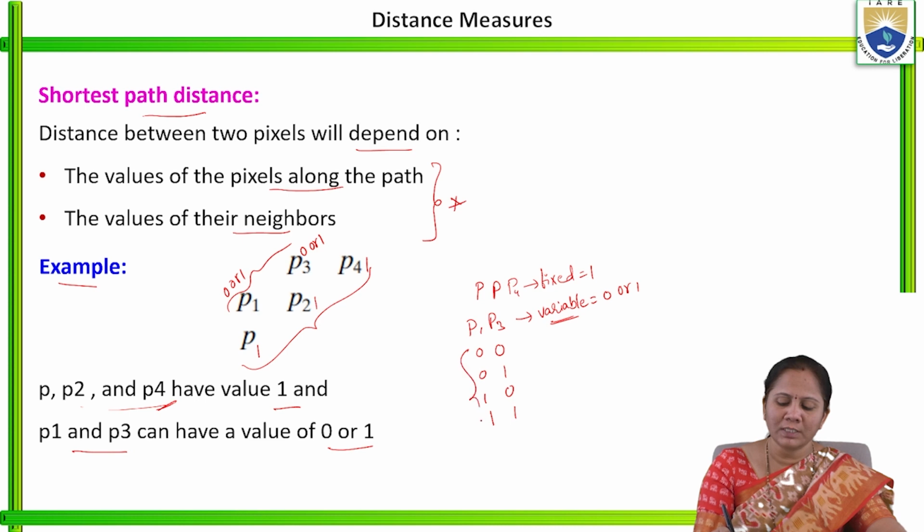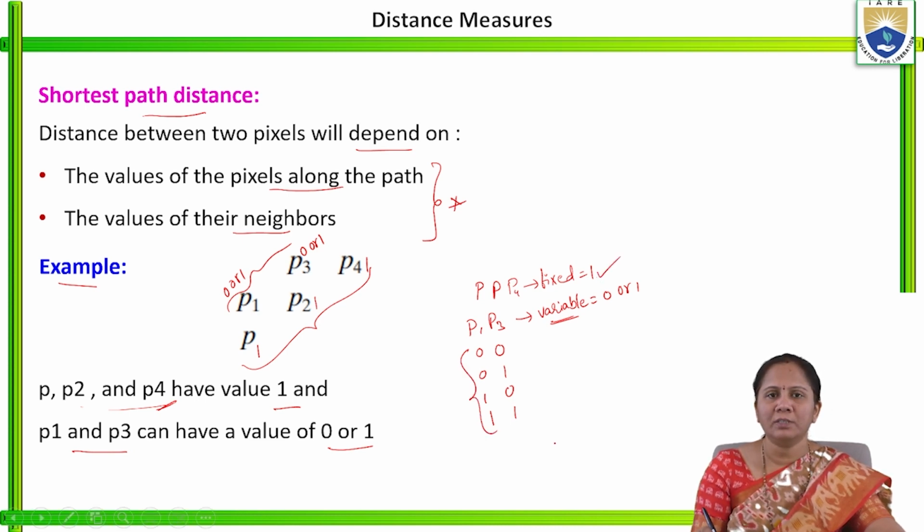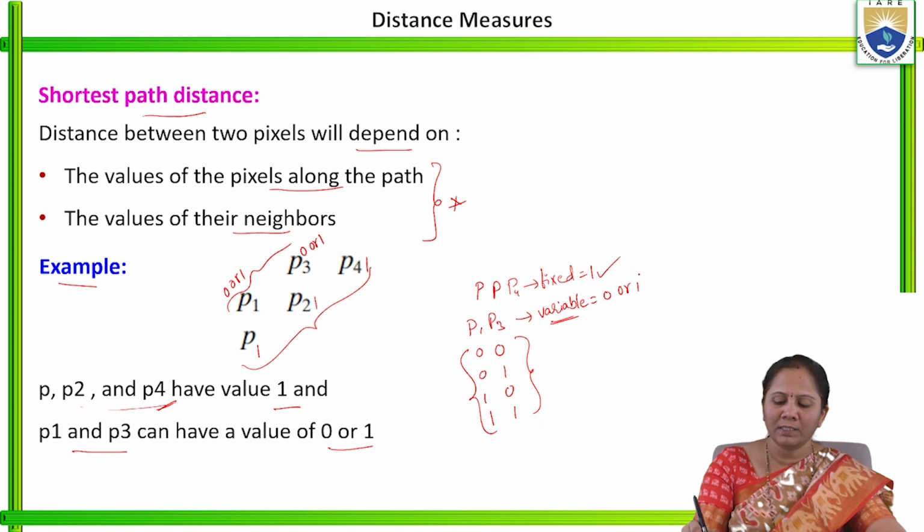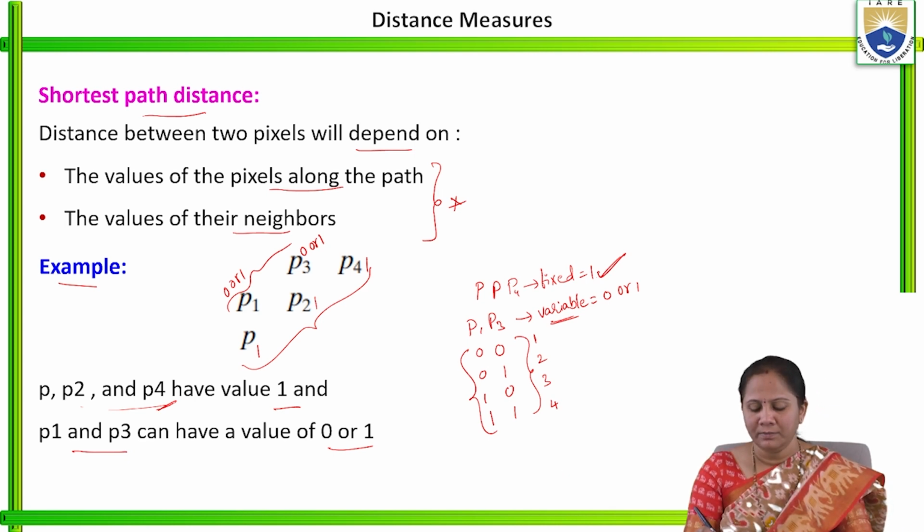So based on these conditions, we will see how to measure the shortest distance between the pixel P to P4, by considering all these different cases. So as this is fixed, these are variable, we can have 4 cases. Let us consider this is case 1, 2, 3 and 4. Okay. So we will see in detail.